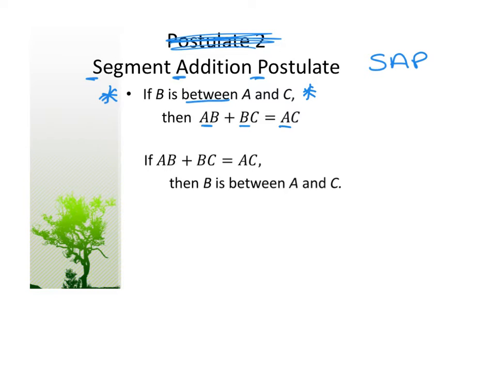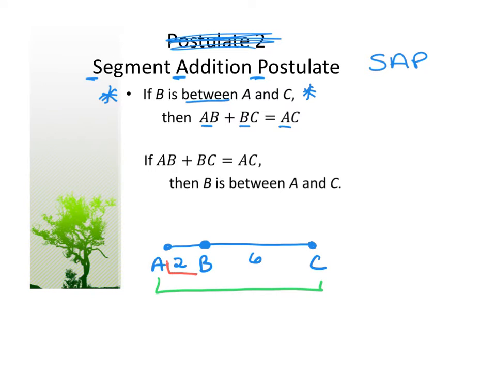So for example, if I were to draw a line segment and put A and C here, and then put B somewhere in between, doesn't have to be right in the middle, then if I put some numbers here, let's say AB is 2, and let's say BC is 6. So this little piece from here to here is 2, and this little piece here is 6.